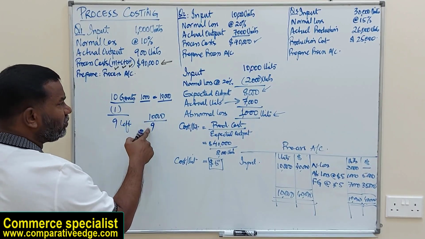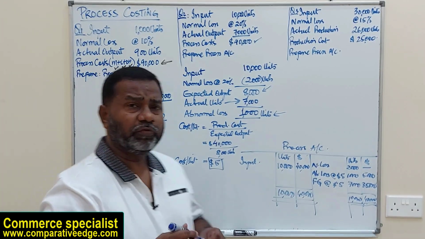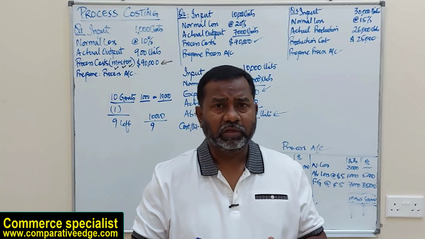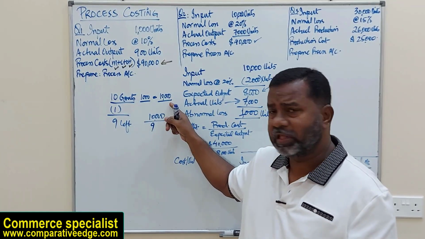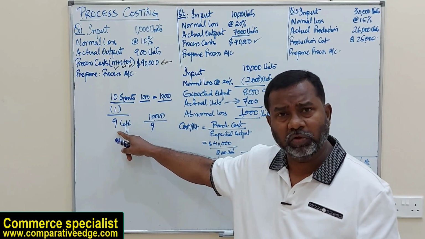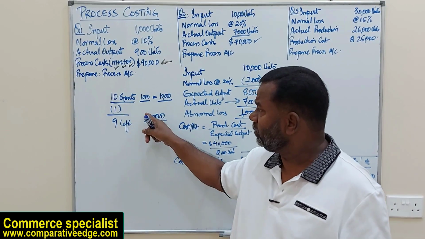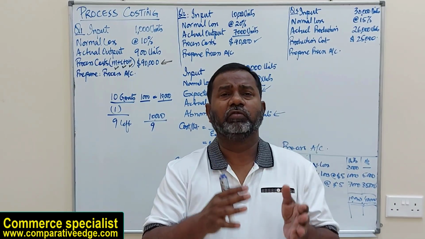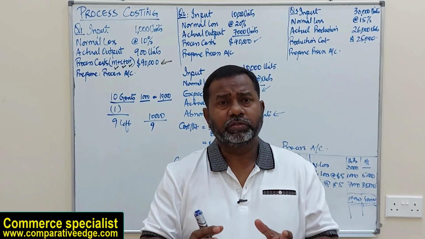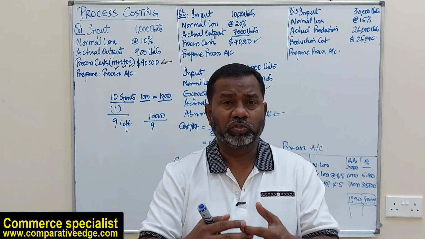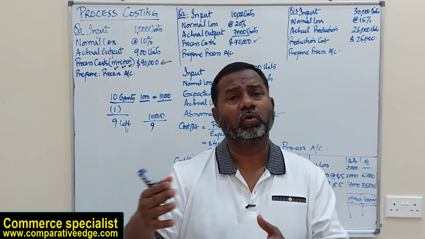When you divide 10,000 by 9, obviously it will come more than 1,000, like 1,100 and something. Which means your good goats, when you're selling them, you sell them at a higher price so that you recoup the loss on the goat which died.